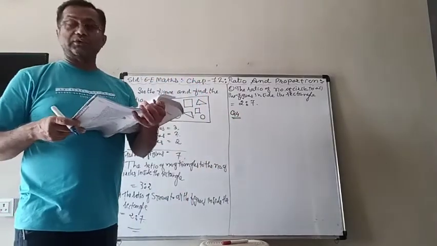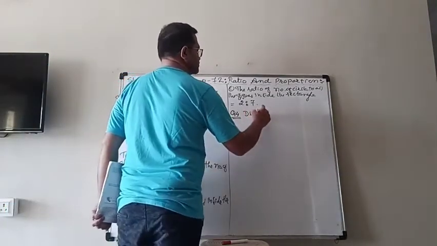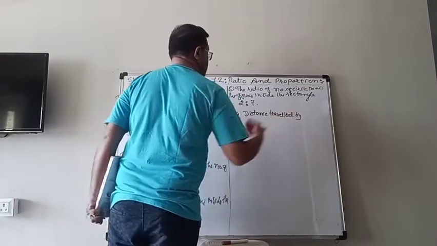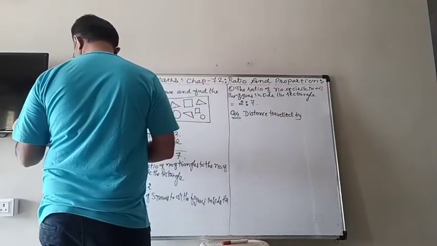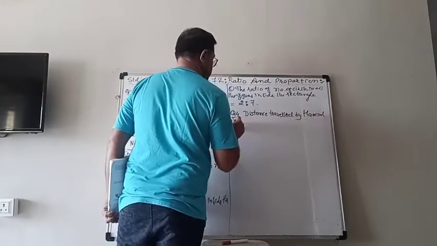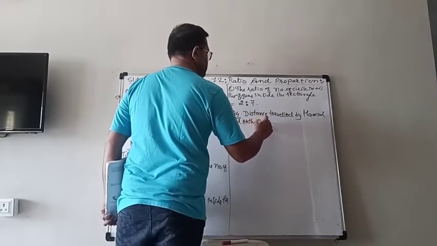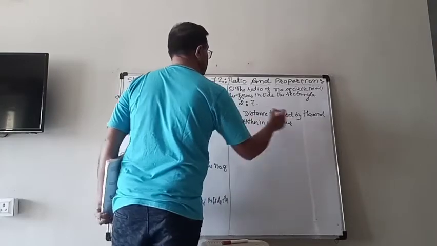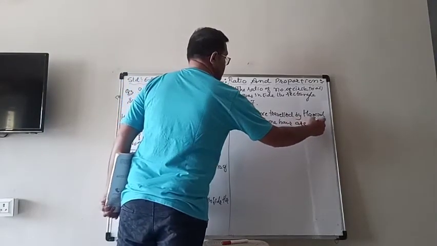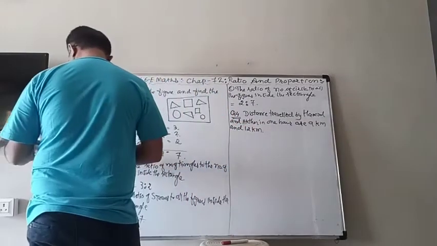Now question number 4. The distance travelled by Hamid and Akhtar in 1 hour are 9 kilometer and 12 kilometer.